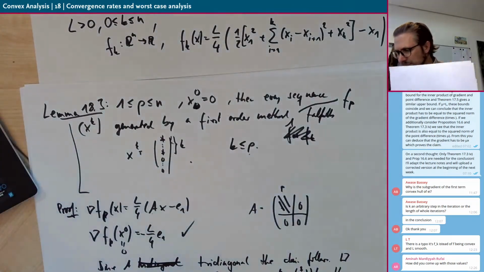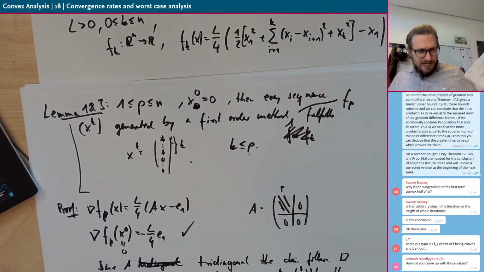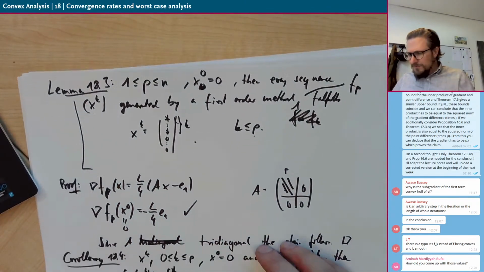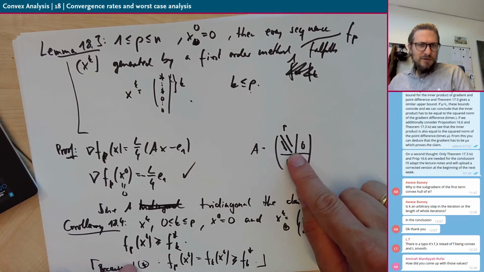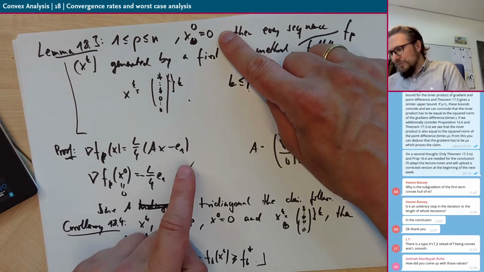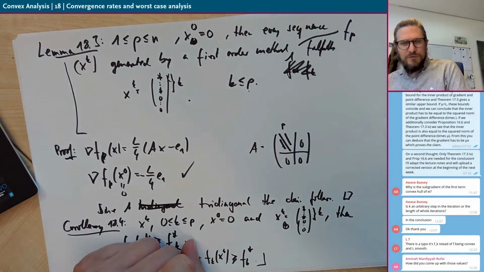This was mainly calculations. And then the next important step, and I was probably too brief about this, is that because of this tridiagonal structure of A, if we initialize with 0, we only accumulate non-zero entries in the first k entries.